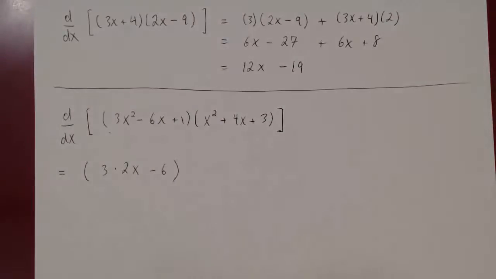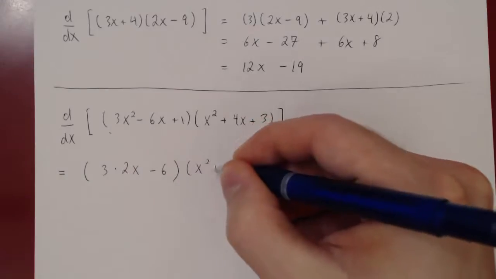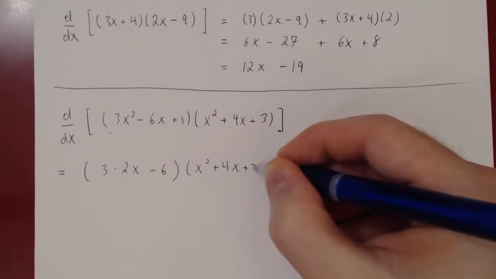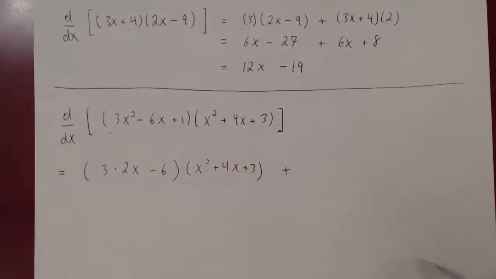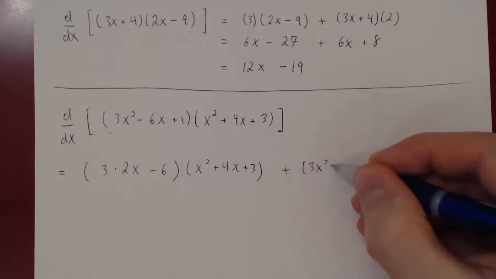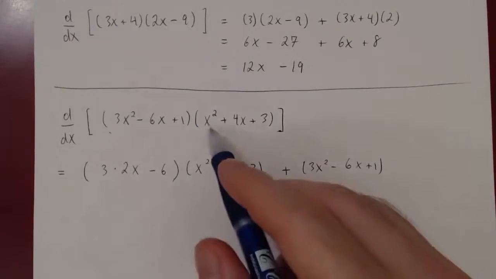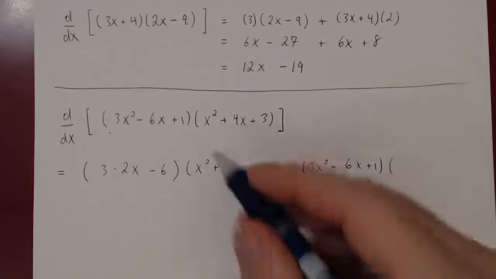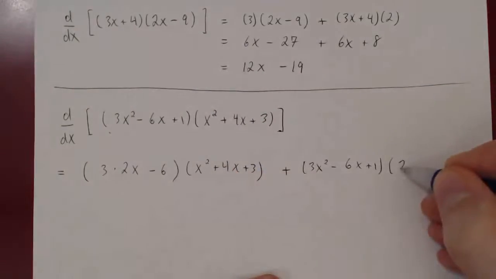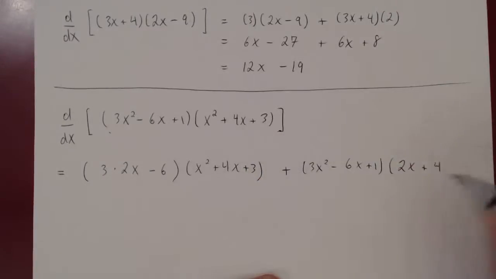And now we have the derivative of the first term times the second term, x squared plus 4x plus 3, plus the first function, so 3x squared minus 6x plus 1, times the derivative now of the second function. The derivative of x squared is 2x from the power rule, plus the derivative of 4x is 4, plus the derivative of 3 is a constant, the derivative is 0.